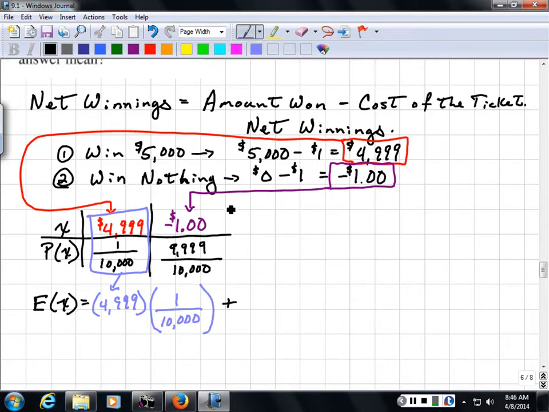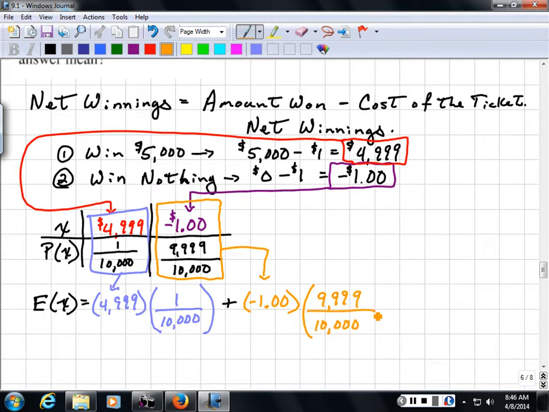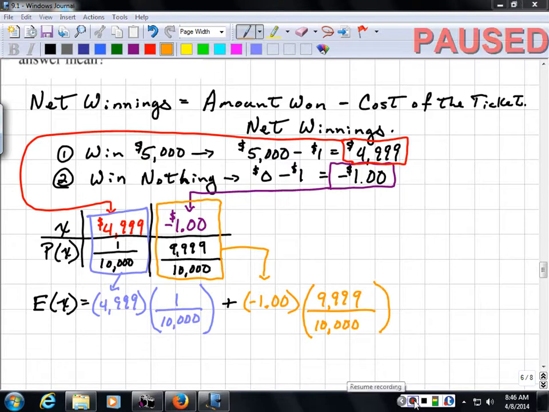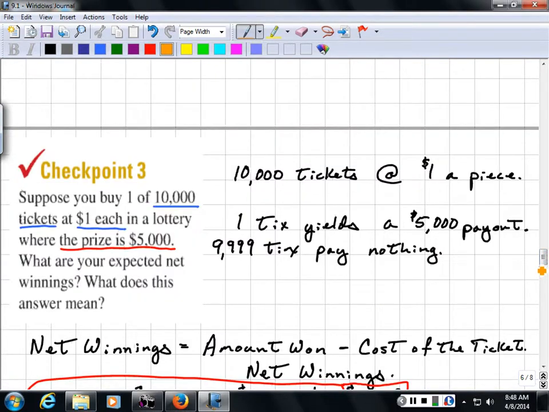Then I'm going to take this pair of numbers and multiply them as well. The 10,000 comes from the fact that there are 10,000 tickets in this lottery or raffle.